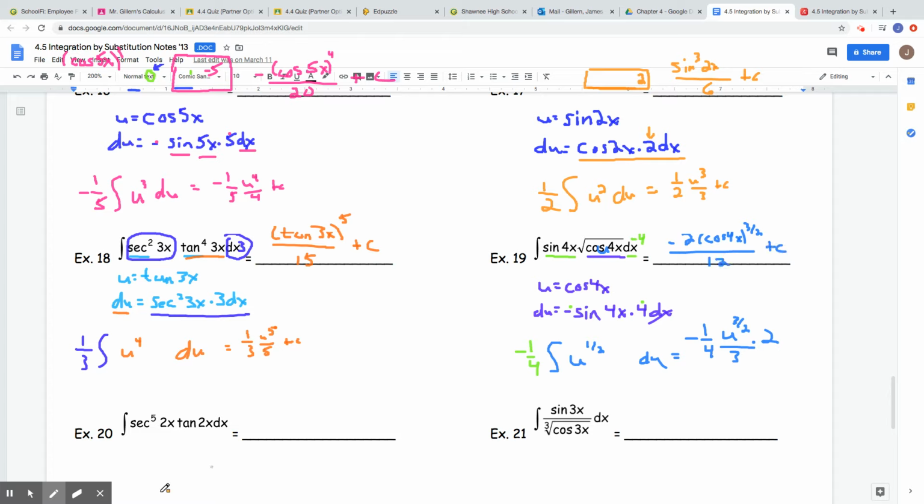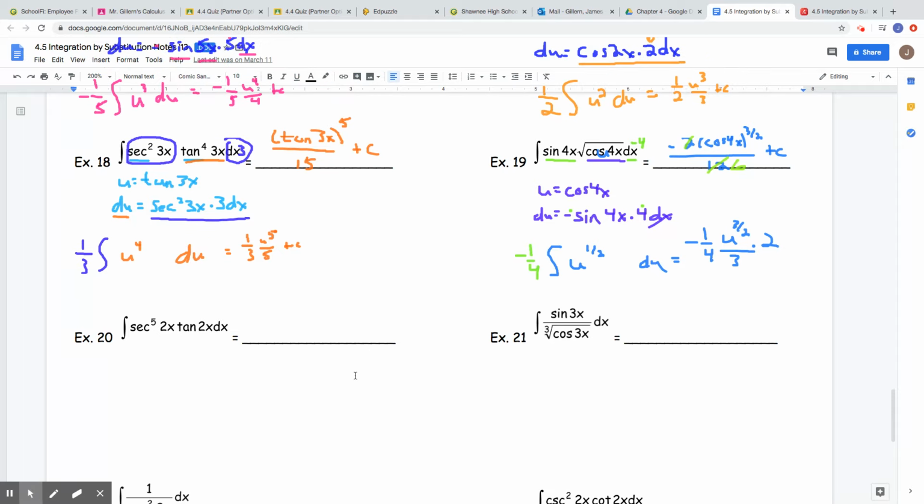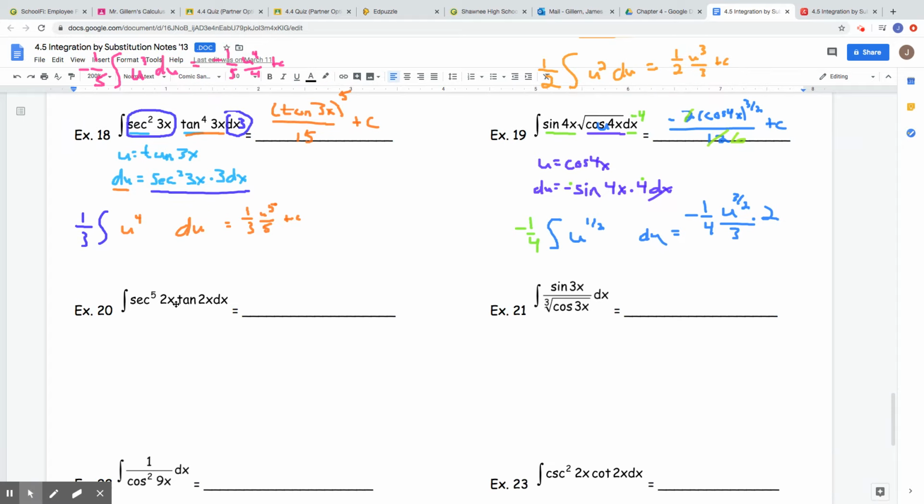Now, I probably wouldn't take off for this, but what you should realize is you can reduce, and that becomes a 6. So that would be the right answer right there. So cosine 4x to the 3/2 over 6 plus c with a negative out in front. Okay. Let's try this one right here.